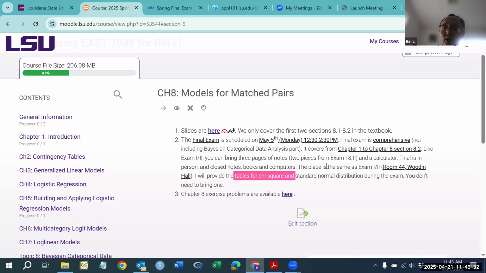If you would like to volunteer to present next Monday, just let me know. We have 2 spots available for next Monday, and the remaining 3 will present next Wednesday. Any questions? Okay, if you don't have any questions, let's stop here.